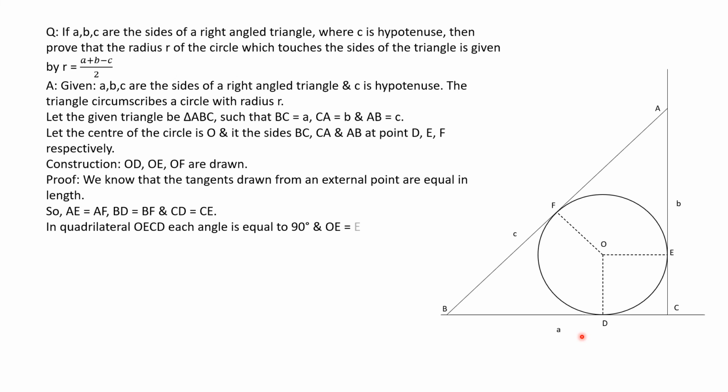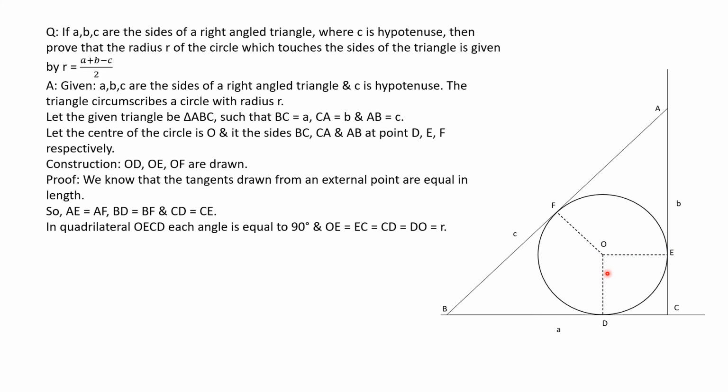Now in quadrilateral OECD, each angle is equal to 90 degrees and OE equals OD. Also OE equals EC equals CD equals DO, because CE and CD are the tangents from the same point, so CE equals CD, and OE and OD are nothing but the radius of the same circle.